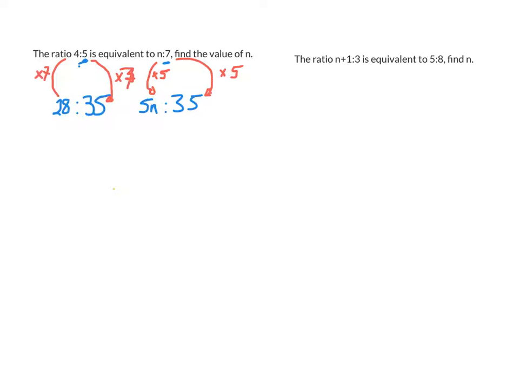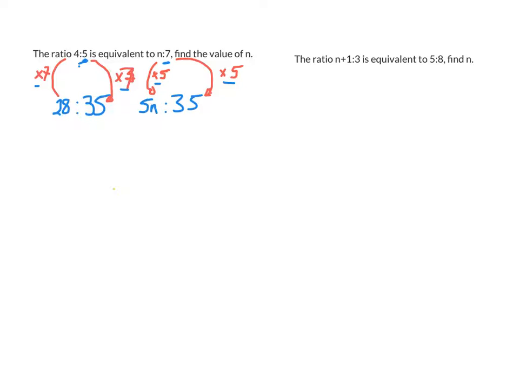Notice how both parts of the same ratio are multiplied by the same amount, 7, 7, 5 and 5, but that each ratio may be multiplied by a different number.